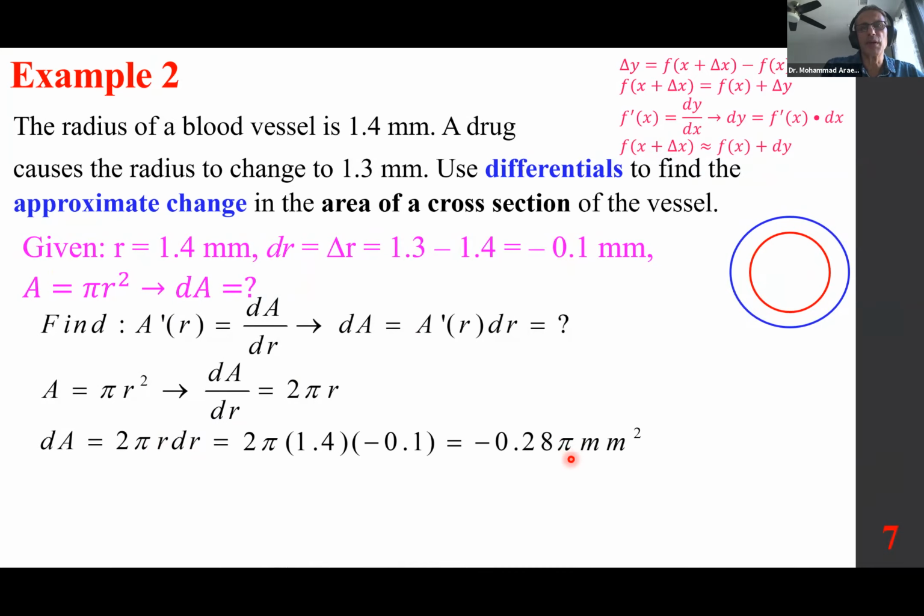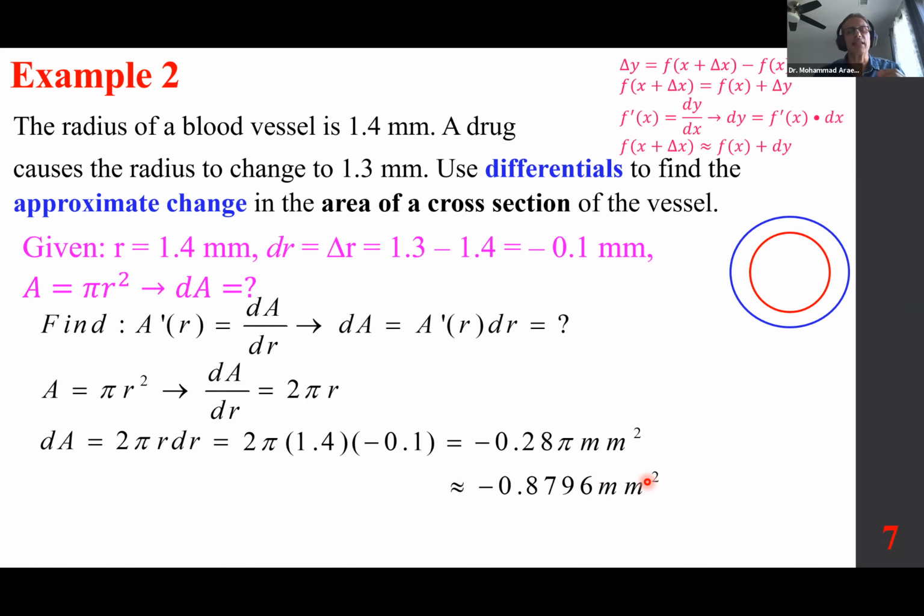You can leave it as pi. If you want to replace the pi, please do not replace it with 3.14. Use a calculator, which gives you 3.14159, and it continues indefinitely. That gives you a better approximation. Write with however many decimals you need. Notice A and dA must have the same units, millimeters squared.